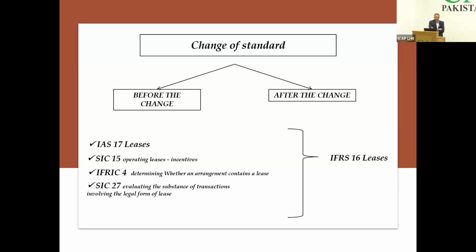And then SIC 27 was dealing with evaluating the substance of transactions involving the legal form of a lease. So these were the four documents which were dealing with the concept of leases, and now all these concepts, with certain additional information, are provided in IFRS 16.